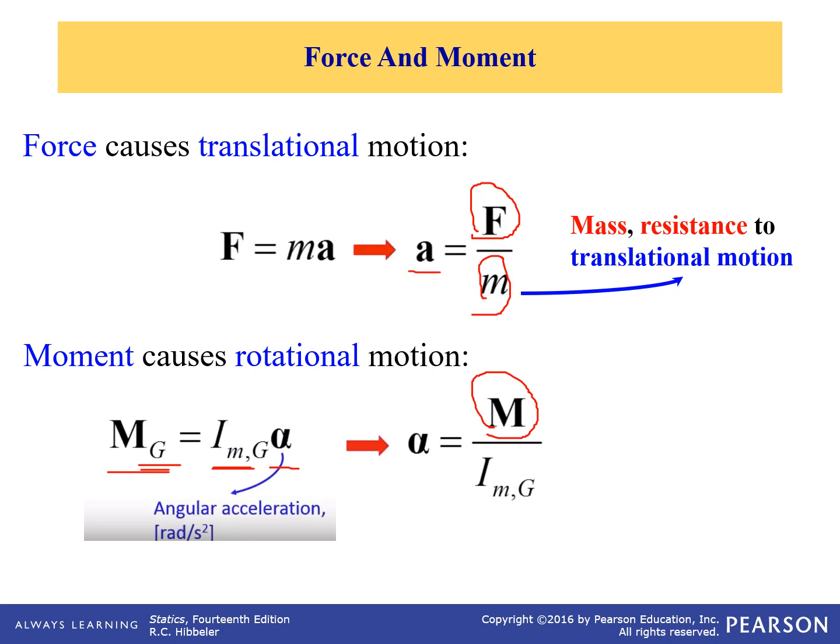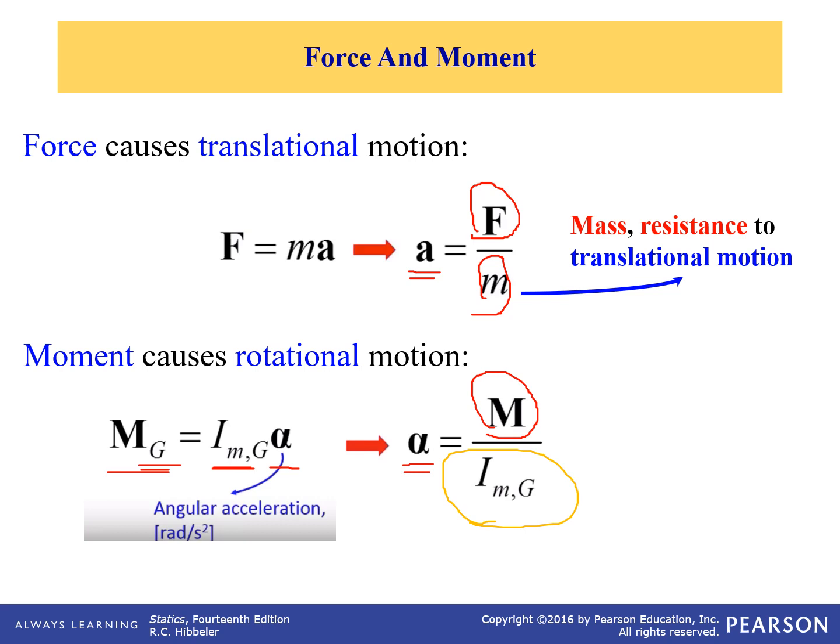On the other side of the equation, we have a, which is translational acceleration, and on the bottom equation we have alpha, which is the rotational acceleration. So if mass m is the resistance to translational motion, then the other term I must be the resistance to rotational motion.